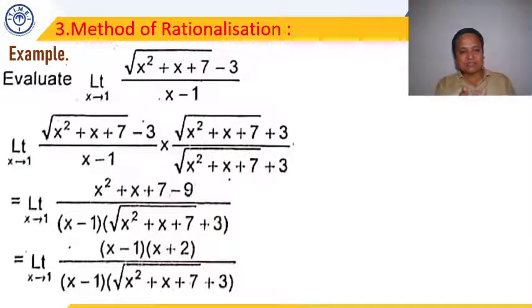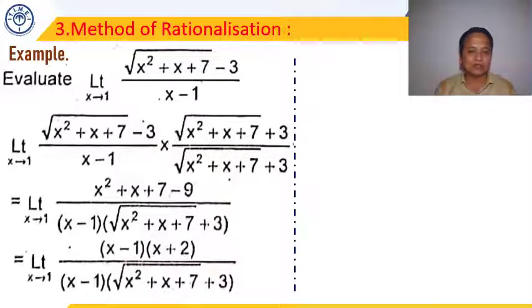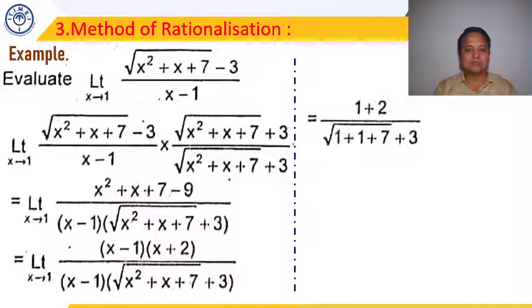Now we can safely say x minus 1 is the common part which cancels out from the numerator and denominator, because this bracket is giving us the indeterminate form. So x minus 1 cancels out, and we can safely substitute the value of x as 1 in the remaining expression.